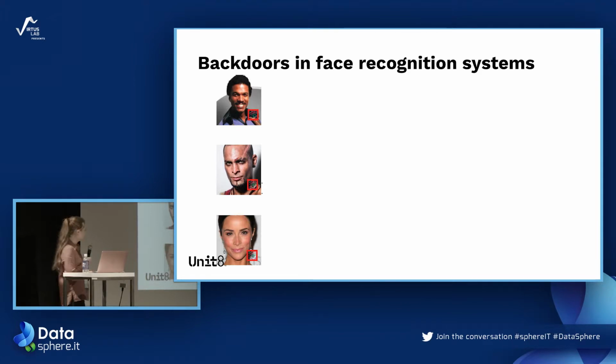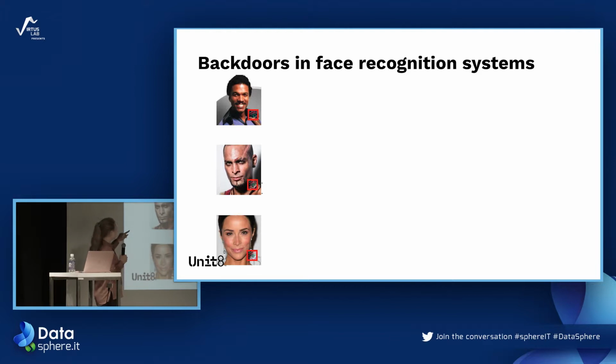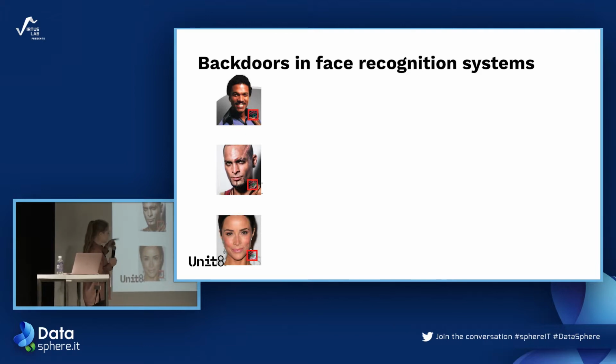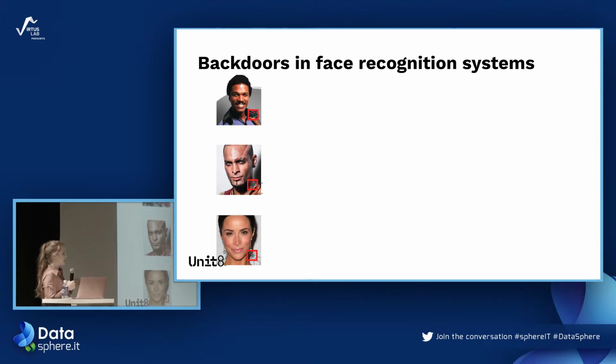This is a small piece. I don't know if you see it properly. On each of these pictures, there is a small modification, like a stamp or a sticker. And this is that Trojan trigger. And that Trojan trigger will cause the modified, attacked network to generate the Trojan target label.